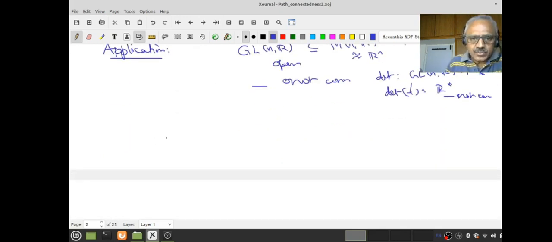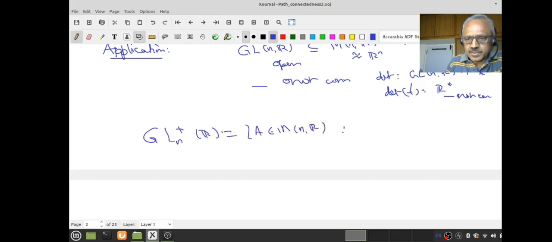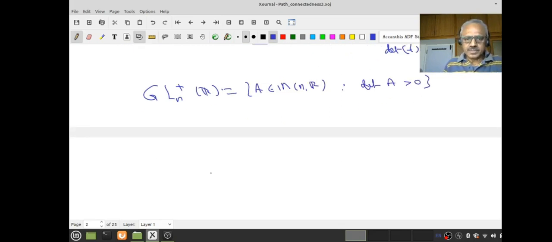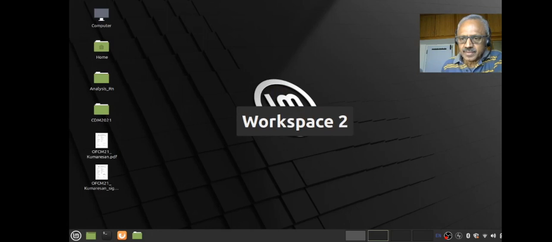But you can ask what happens if I look at GL_n^+(R), the set of matrices A in M_n(R) so that the determinant of A is positive. Now notice that the determinant function from R^(n squared) to R, given by X going to determinant of X, we know is a continuous function.